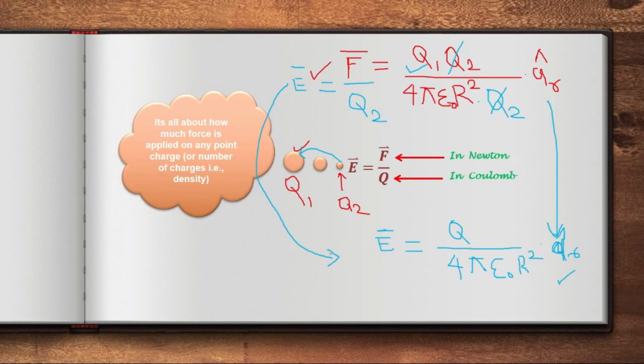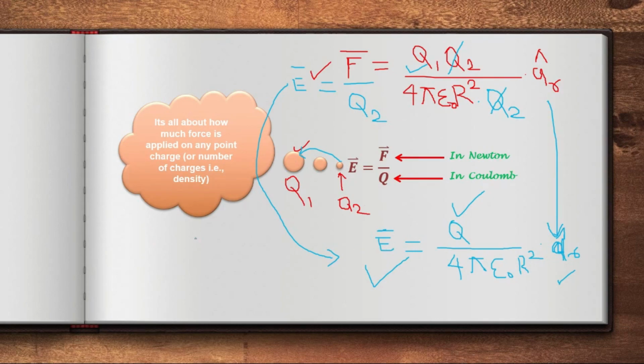So right now we have a formula which we have derived from Coulomb's law of force, and this is our first expression for electric field intensity due to a point charge on another charge. If we have a single charge, then this formula will be applicable.